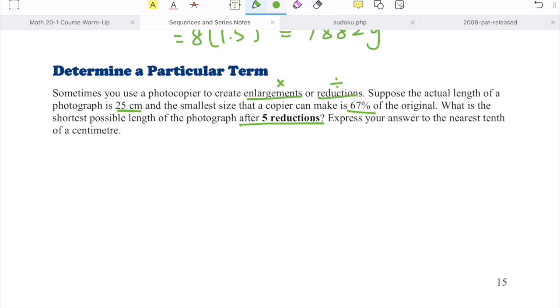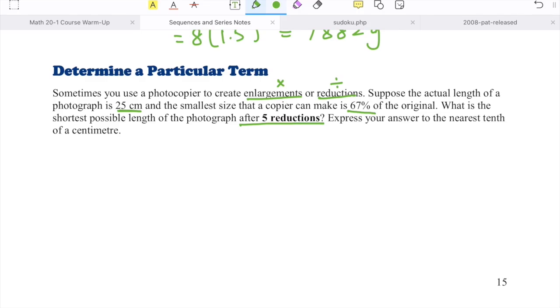The actual length of the photograph is T1, so it would be 25 centimeters. 67% would be our ratio. So 67% as a decimal will be 0.67.